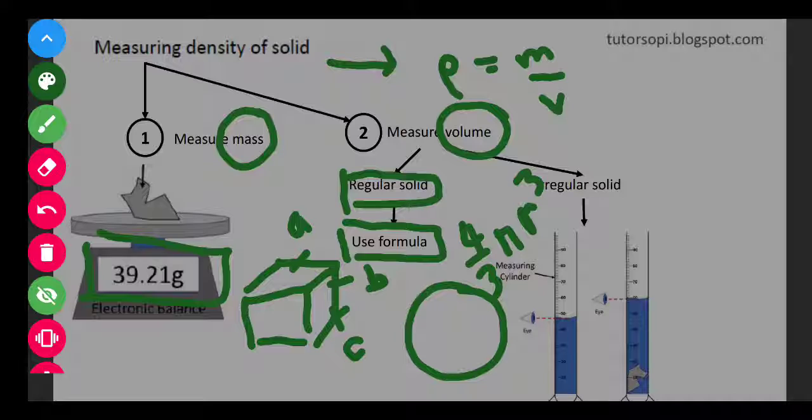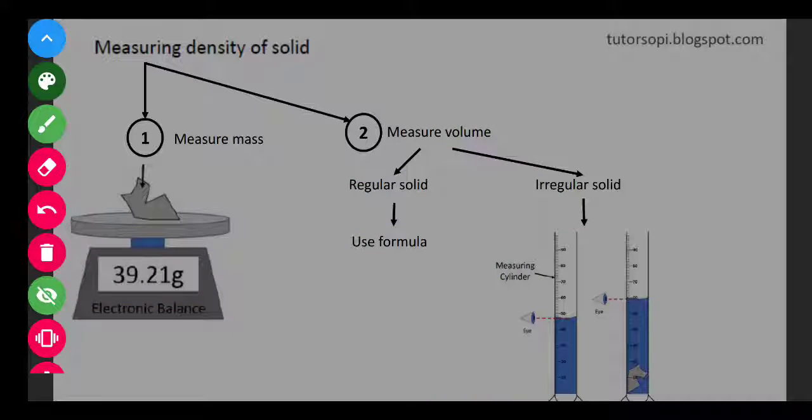Tak kisahlah, yang penting if it is a regular solid, then you use normal formula for that solid to find the volume. Tetapi kalaulah dia bukan regular solid, which is irregular solid, there is no actual formula untuk measure dia. So apa yang kita boleh buat adalah kita guna method measuring cylinder.